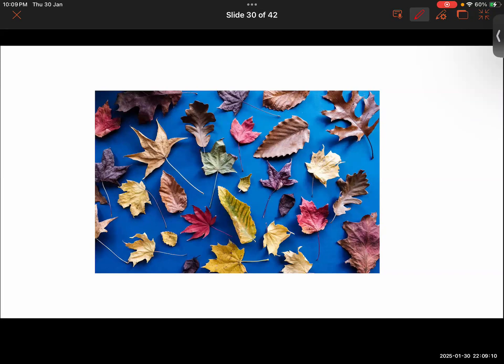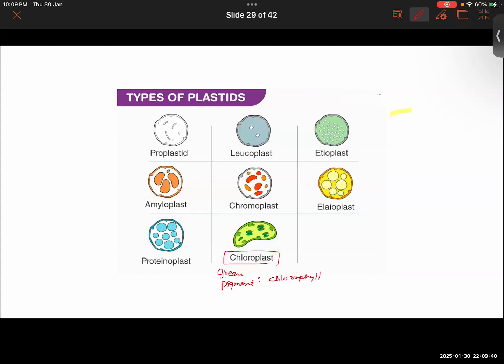The amount of chlorophyll present in these colorful leaves is significantly less, and other pigments are slightly more. So instead of green, they appear differently, based on the type of pigment present in them. Chlorophyll is present in them, but it is shaded by the presence of other kinds of pigments. They will still be carrying out photosynthesis.